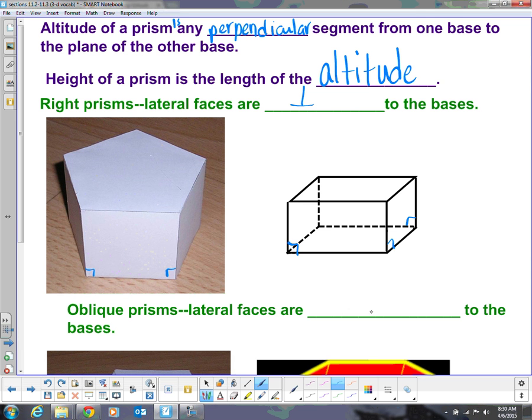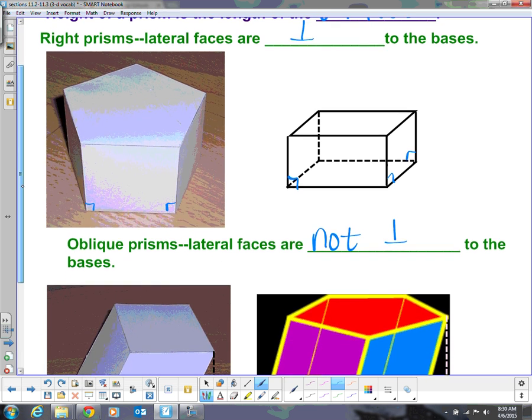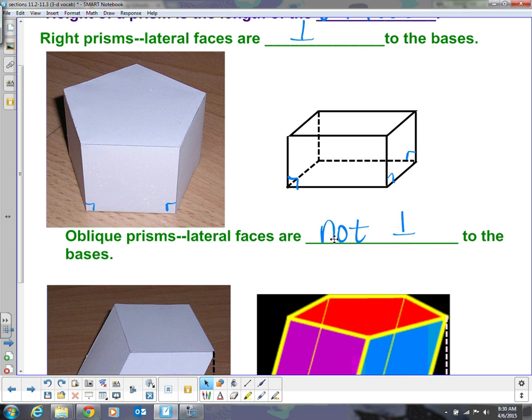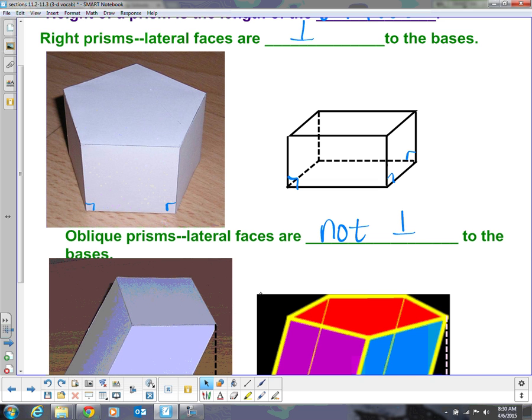In an oblique prism, lateral faces are not perpendicular to the bases. There's actually a building in Italy that would be called an oblique prism. Do you know what that one's called?